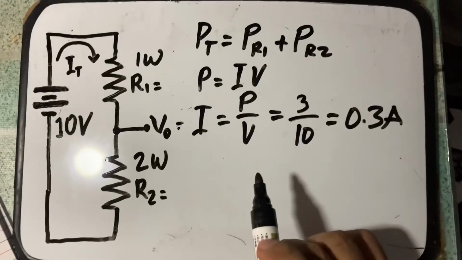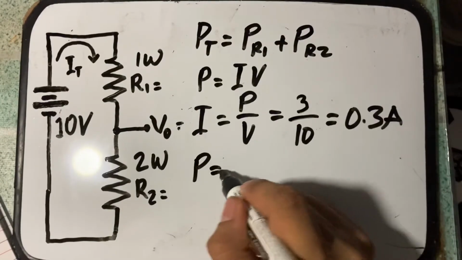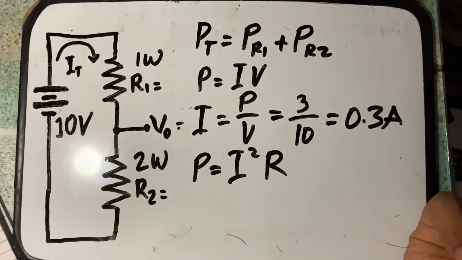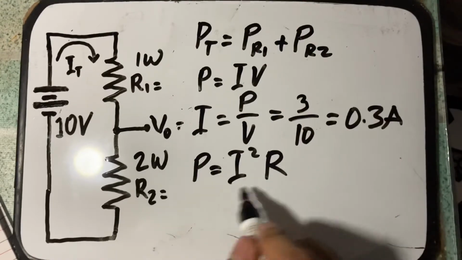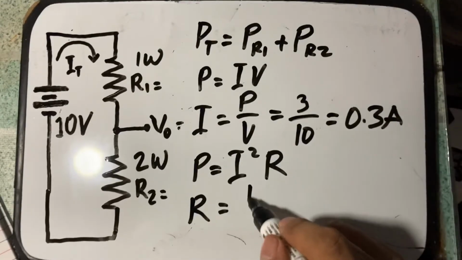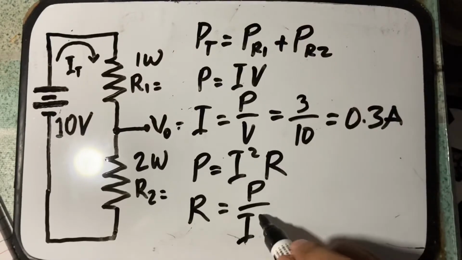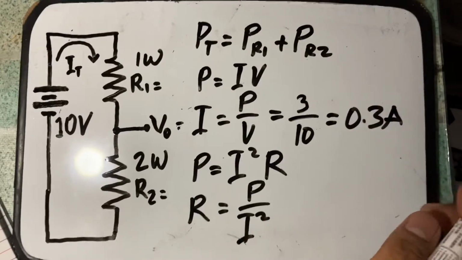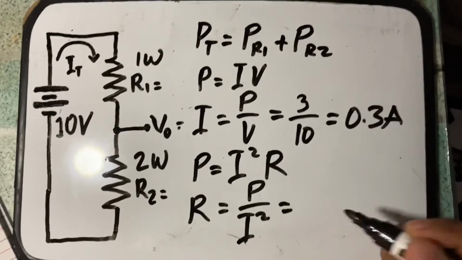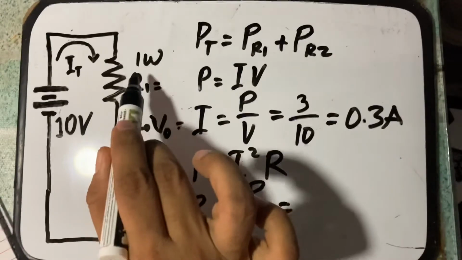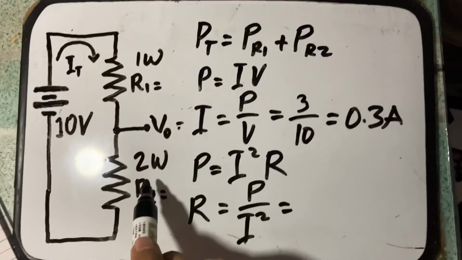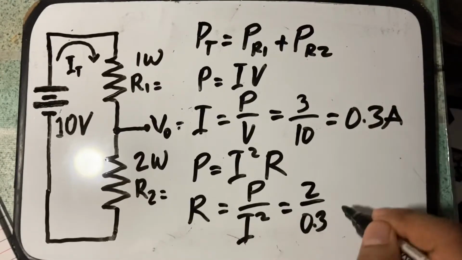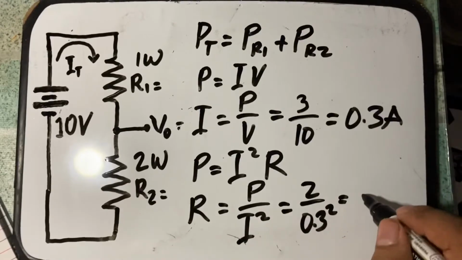So now we can compute for the value of R2 by using this formula. P is equal to I squared times R. So alam naman natin na yung I tsaka yung power ng R2. So we can compute for R2 by dividing power over I squared. So yung power ng R2 is equal to 2 watts, and then yung current naman is equal to 0.3 amperes squared.